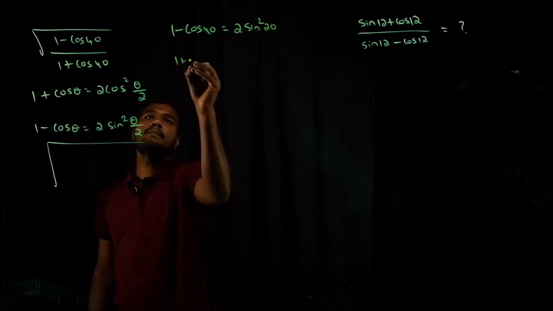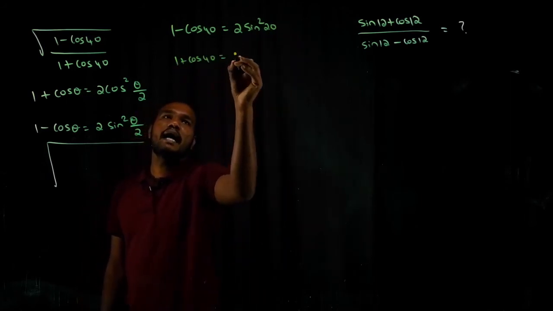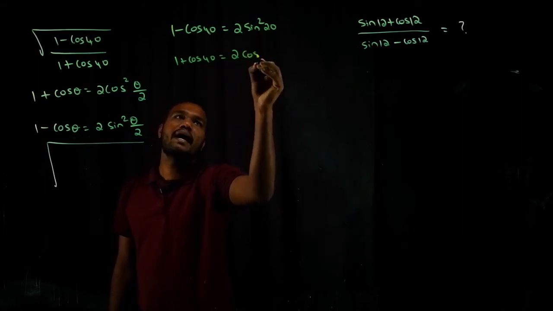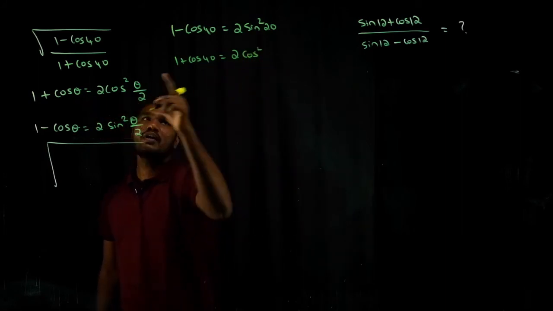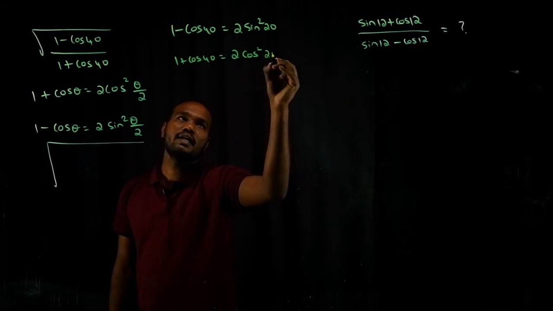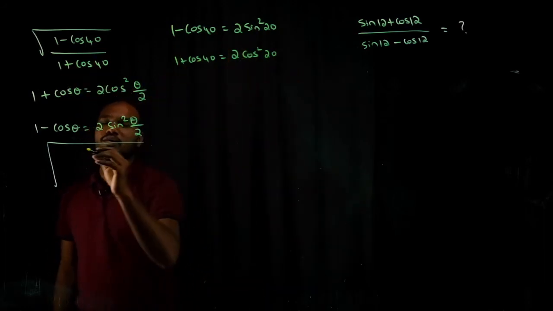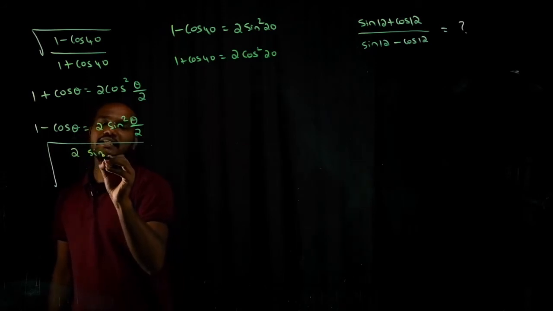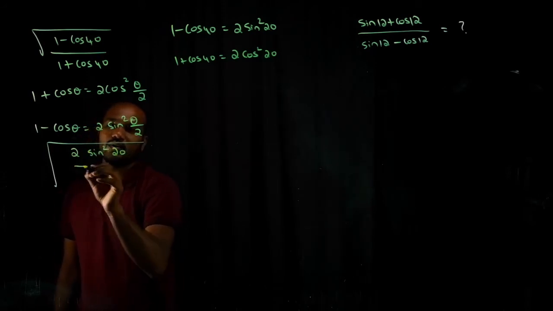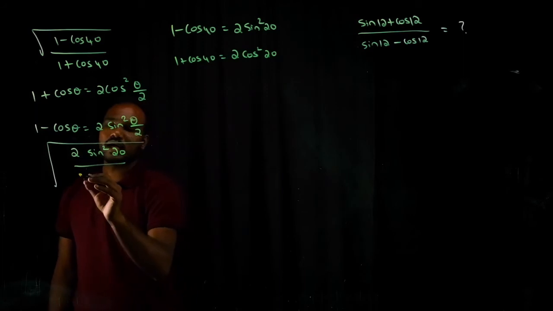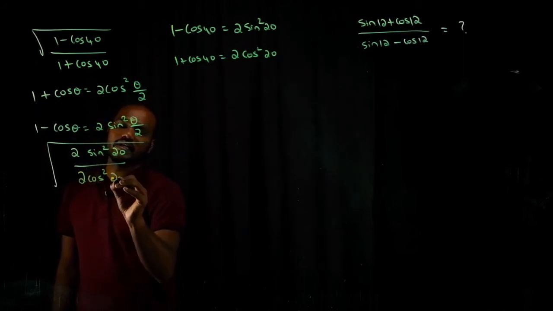In the same way, 1 plus cos 40 degree will be 2 cos square theta by 2, and 40 by 2 is 20 degree. So 1 minus cos theta in the numerator gives 2 sine square 20 degree over 2 cos square 20 degree.